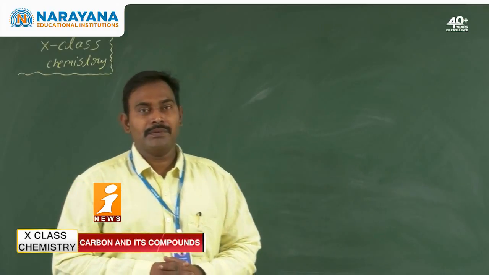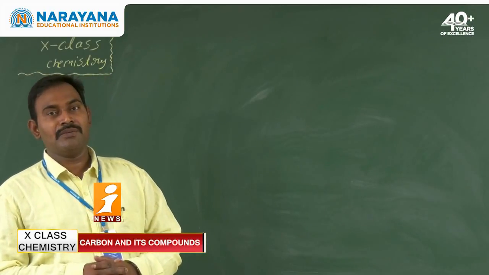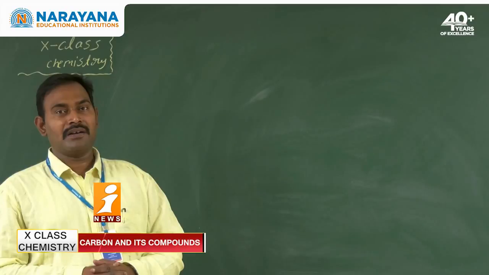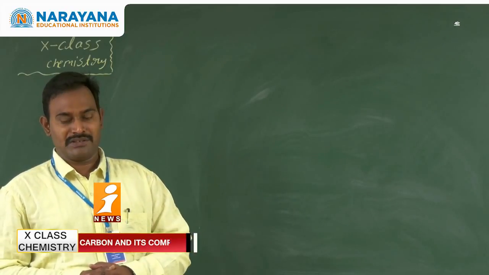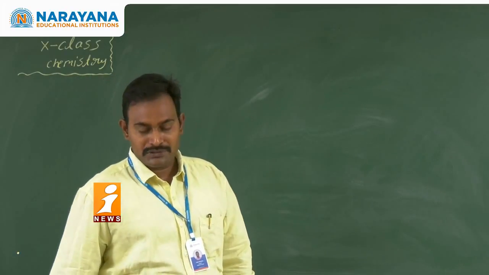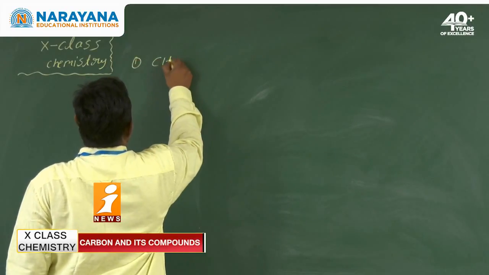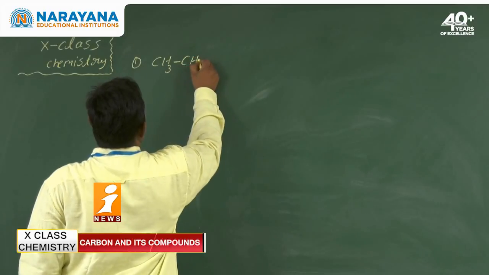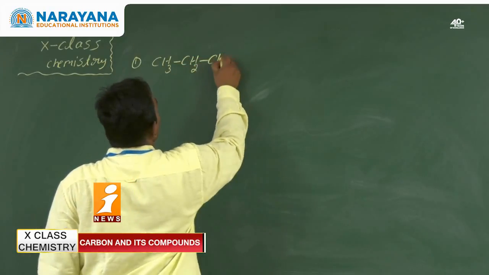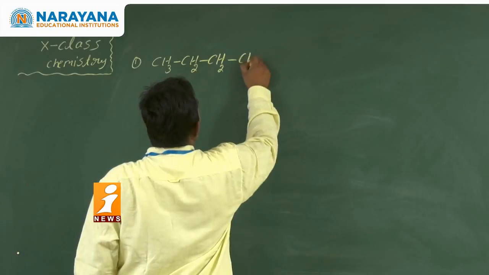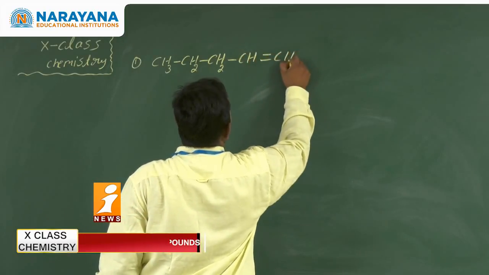We discussed a few examples on the nomenclature of carbon compounds according to the IUPAC system. Today we will continue with those examples. Now see here: CH3, CH2, CH2, CH=CH.